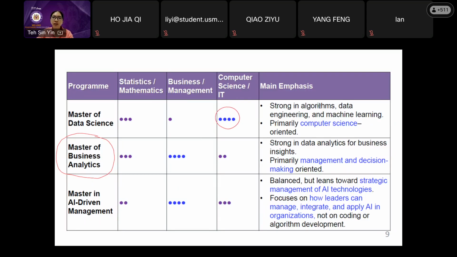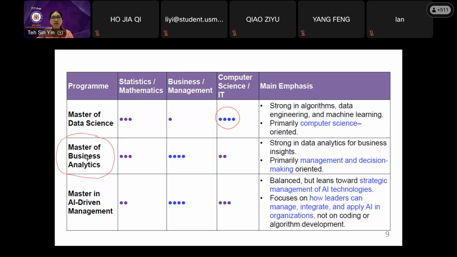They are strong in algorithms, more on data engineering, and developing machine learning models. Their primary focus is computer science oriented. Of course, they also need statistics or mathematics, and a little bit of business and management knowledge.